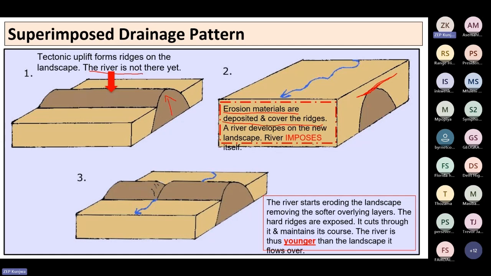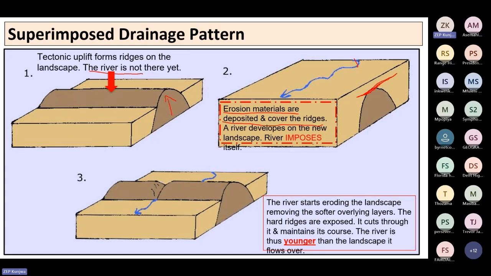Then the river will develop. You see? Then the river will form. But the uplift has already been done. As you know, the process of erosion and deposition continues, it does not stop. And then now the river is going to continue to do erosion, and it will get to that land that was uplifted.